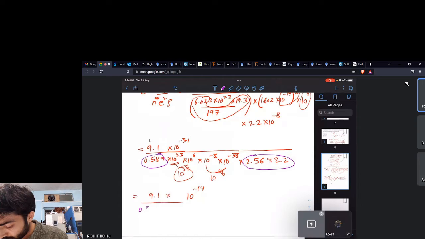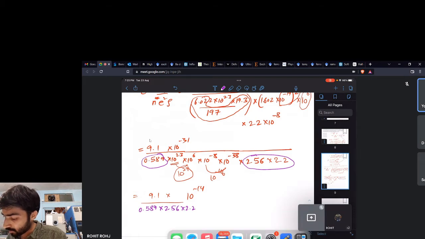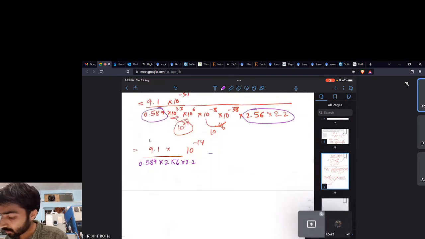So 0.589 multiplied by 2.56 multiplied by 2.2. If you do this via calculator, I believe one should get the correct result. Let me do 9.1 divided by 0.589. These two terms count to 15.44 divided by 2.56 multiplied by 2.2.